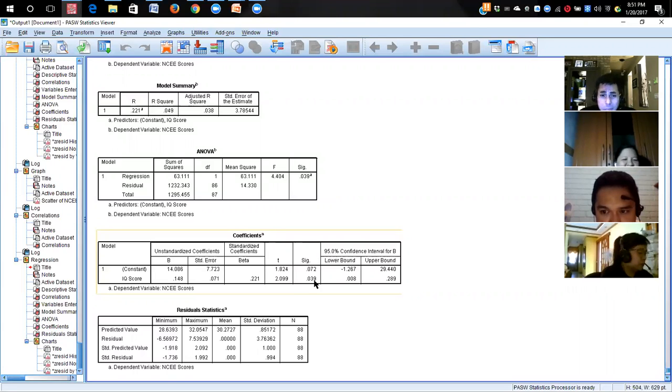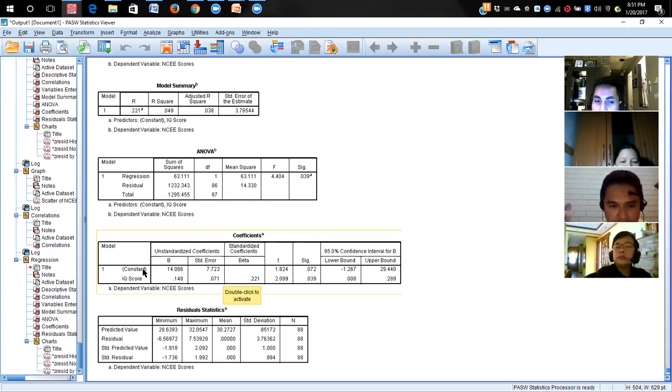And what does this regression coefficient tell us? Because it uses a coefficient, we can look at the unstandardized coefficient. What it tells you here is that the constant, the unstandardized beta coefficient, is 14.